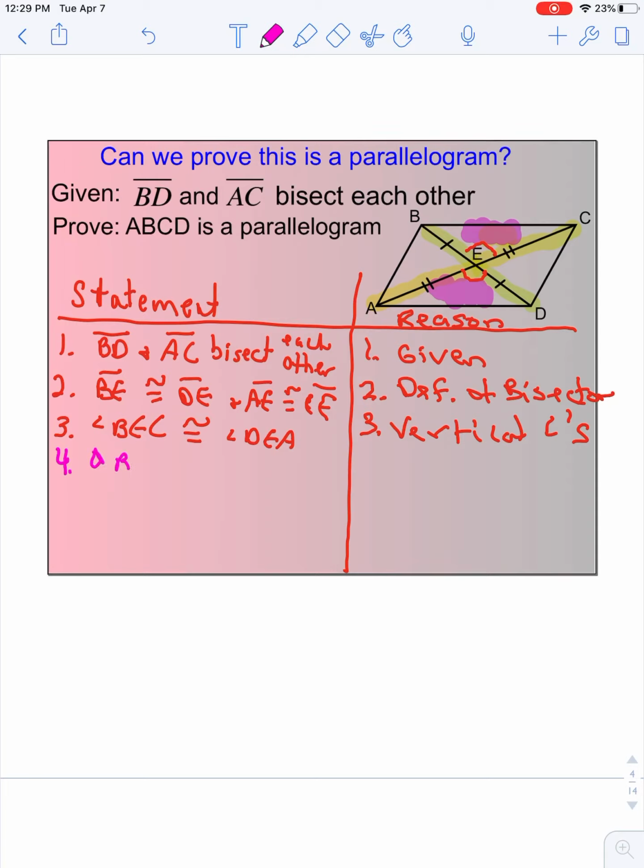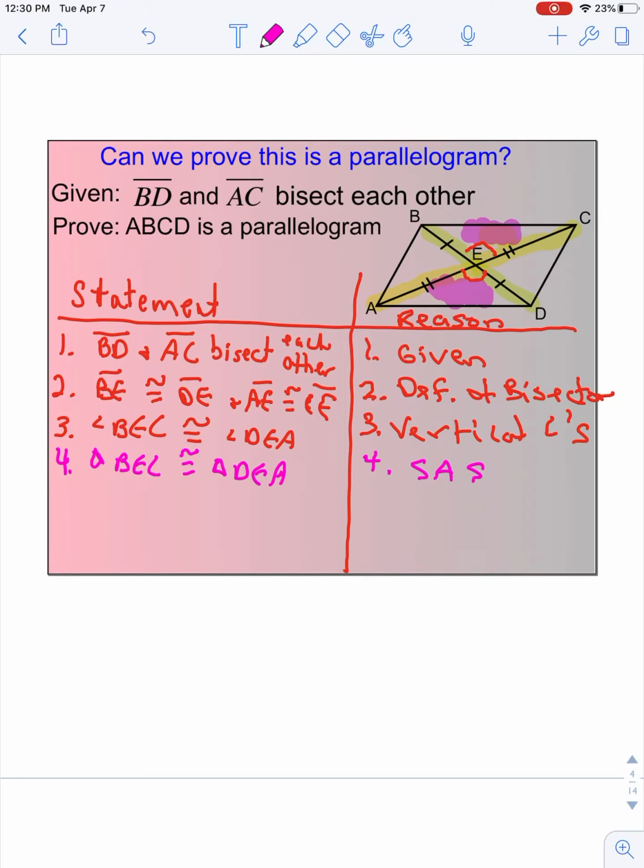So triangle BEC is congruent to triangle DEA, and we know that because of our side angle side congruence theorem. So why did we need to prove those triangles were congruent?